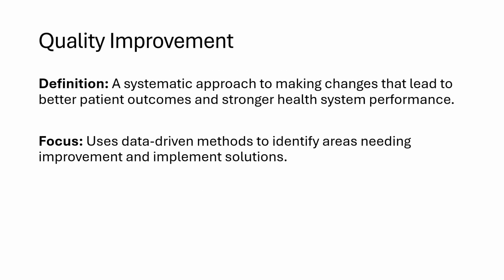So, quality improvement is a structured approach that makes changes in patient outcomes and health system performance. A defining feature is that it uses data-driven methods to identify what area needs to be improved, and then changes are implemented based on that. So quality improvement is different from evidence-based practice in that it does not get its intervention or data from published literature.